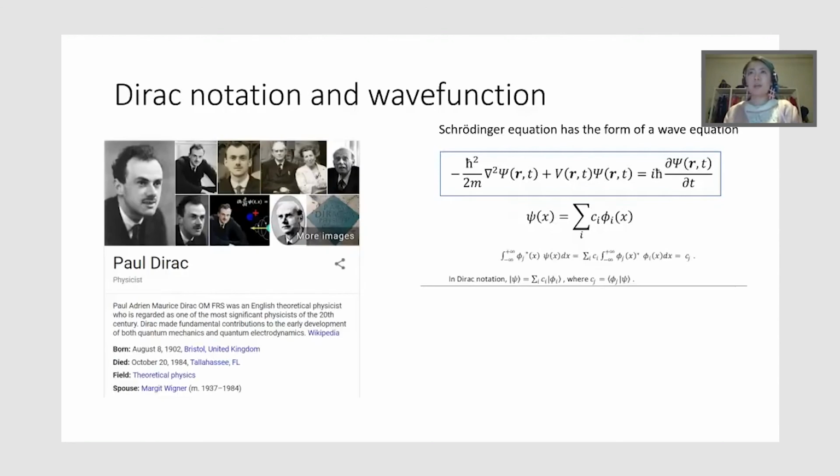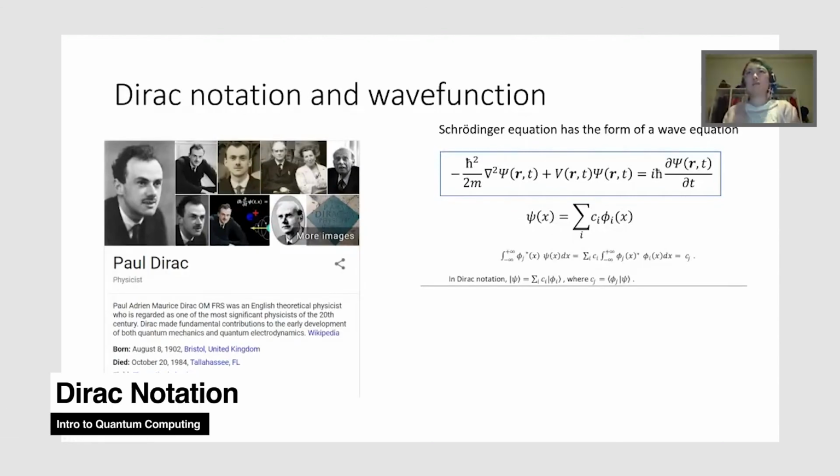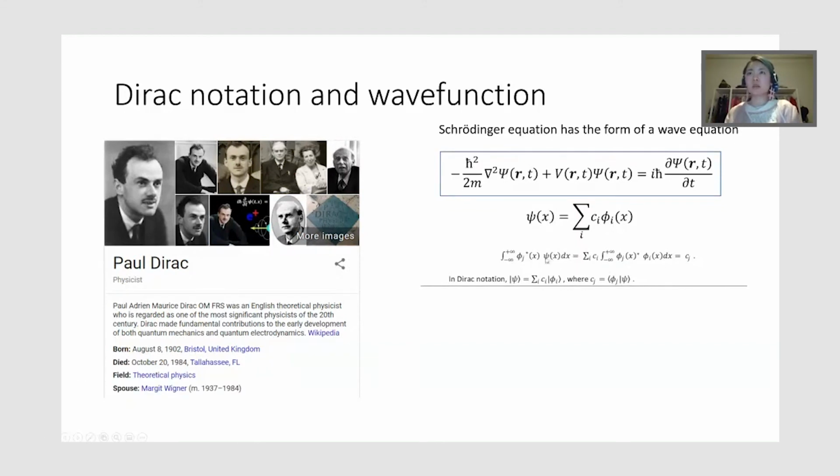And Dirac comes along and tries to simplify things, because a wave function can be really long, and you can write these amplitudes in terms of the overlap between one possible outcome and the overall wave function.